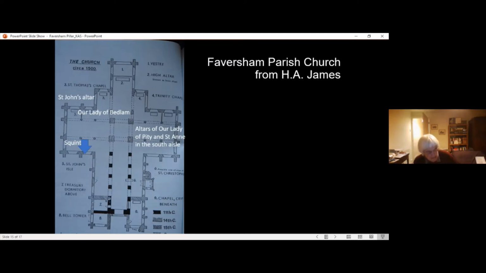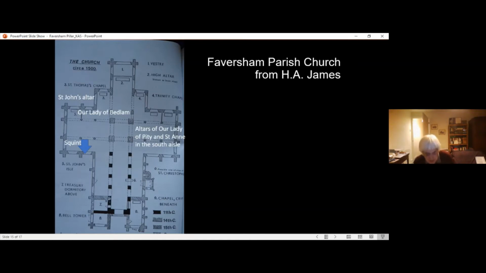Kent is very much in the vanguard of these new devotions, and I think Faversham, because of its trading links, is part of this from that perspective. The church had more lights than any other parish church in Kent.